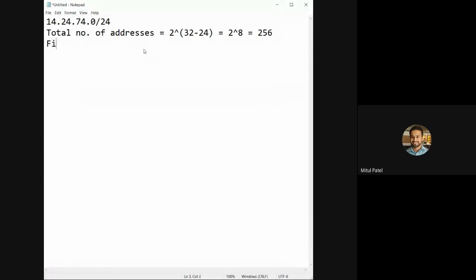Our first address can be found by setting the rightmost 32 minus 24, that is the rightmost 8 bits, to 0. That will give you our first address.